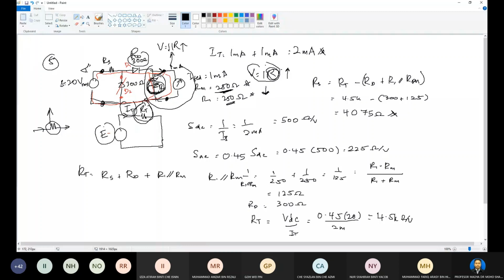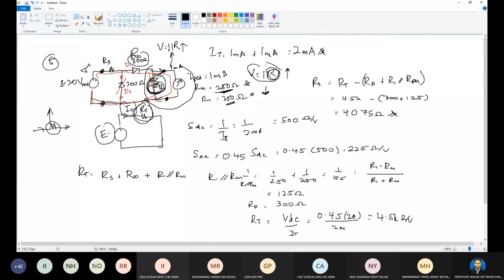Calculate the AC and DC sensitivity and the value of the multiplier resistor required to limit current to the full scale deflection current in the circuit as shown in figure 2. Figure 2 is the full wave rectifier. All diodes have a forward resistance of 300 ohms and infinite reverse resistance.